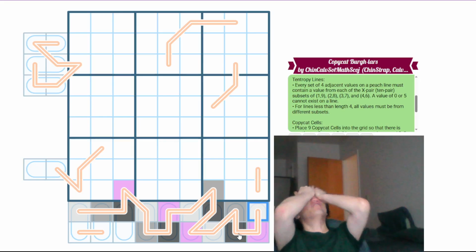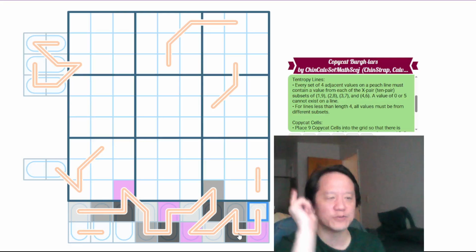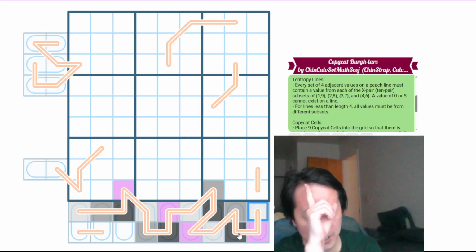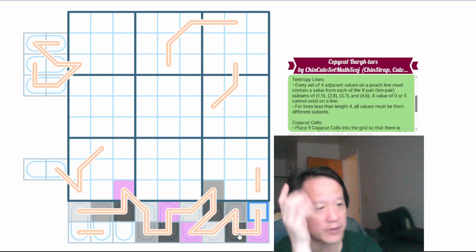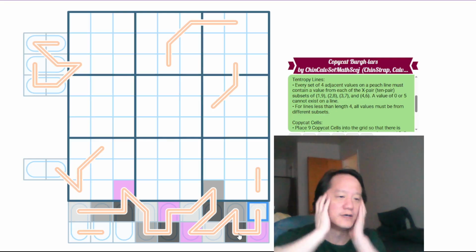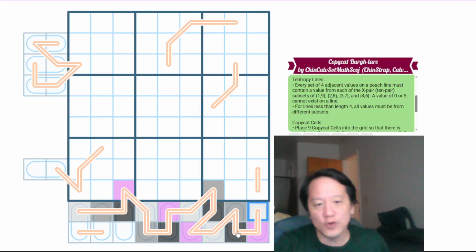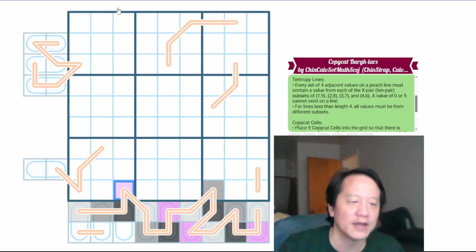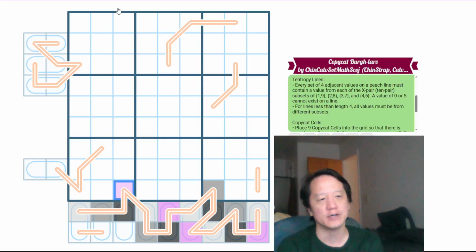You can have multiple. So the thing is, the 9 is going to have to be copycatted in this row. Since there's only one copycat, the 9 has to be copycatted because, as I said in the rules, if you have a 9 in value as normal value in row 9, that means it's counting the sum of itself and nothing else, which would mean it would have to have a sum of 9.